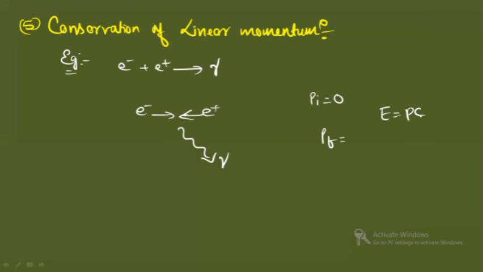This is the energy for a massless particle, and we know gamma is massless. This is a very well known relationship which you all know, so I will not go deep into that. From here you can write P final equals E by C. So in this case, Pf is E by C, that means it is not equal to 0.